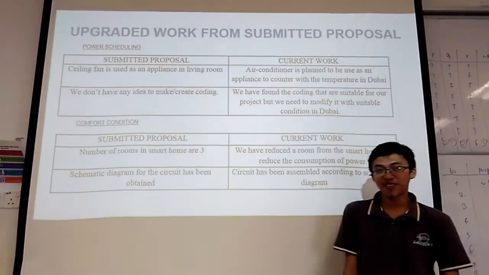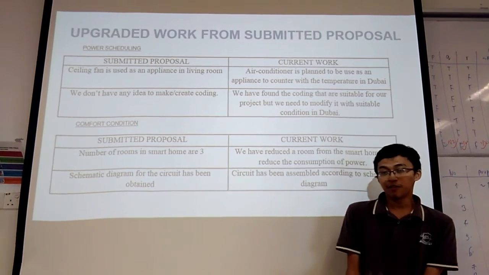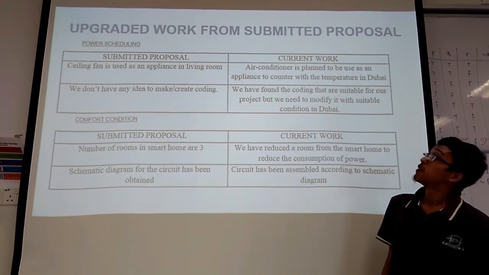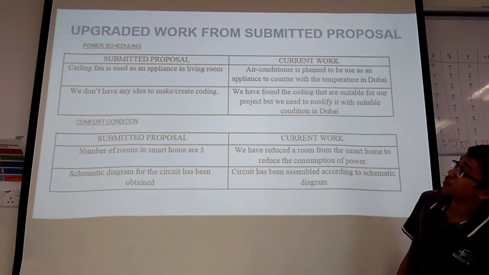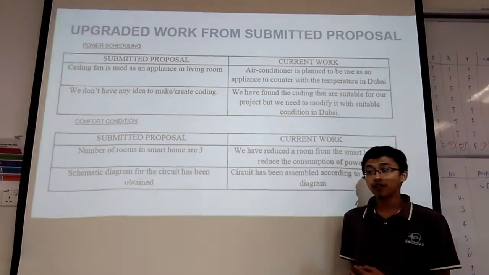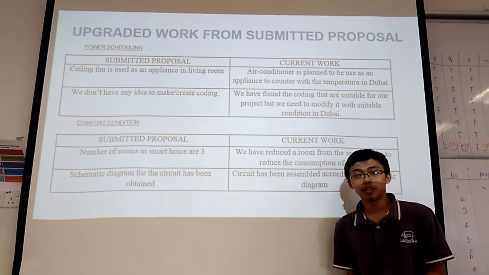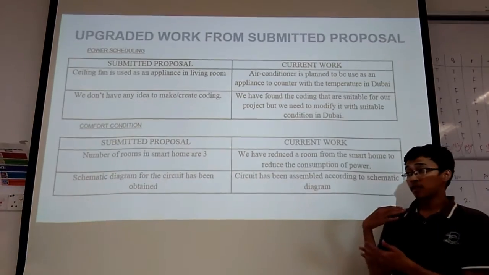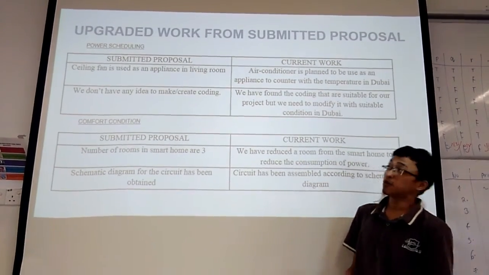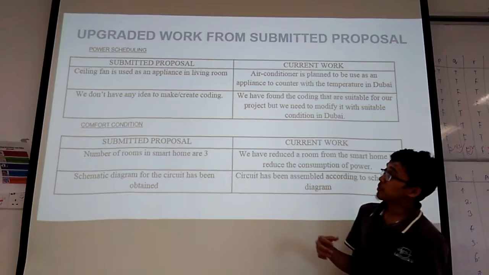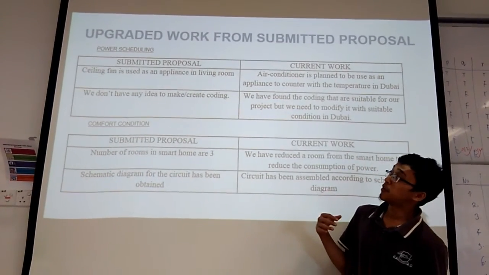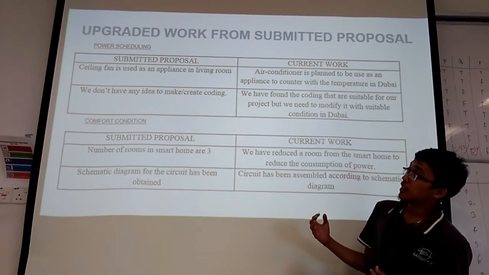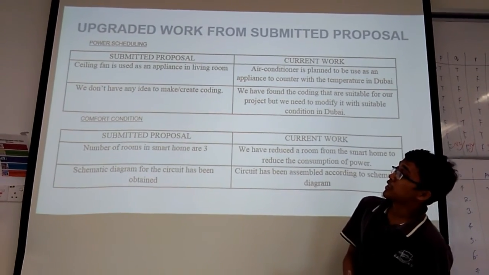Assalamualaikum. We meet again. I will explain more on the upgraded work from the submitted proposal. In this section, I am comparing the previous proposal that we submitted with the current work we are doing right now. For power scheduling, we said in the proposal that a ceiling fan is used as an appliance in the living room.